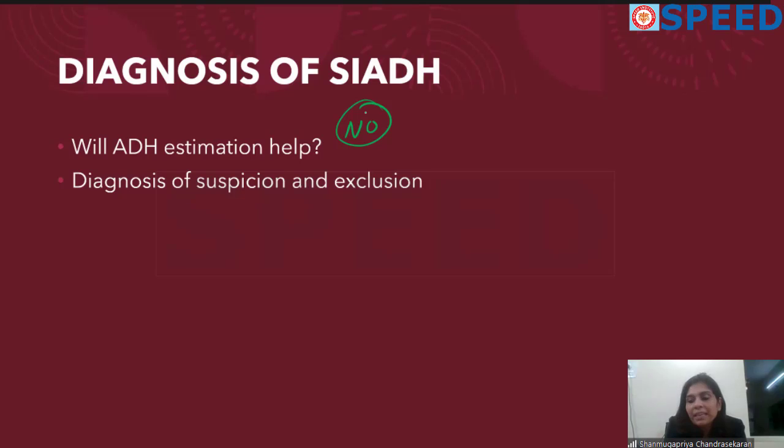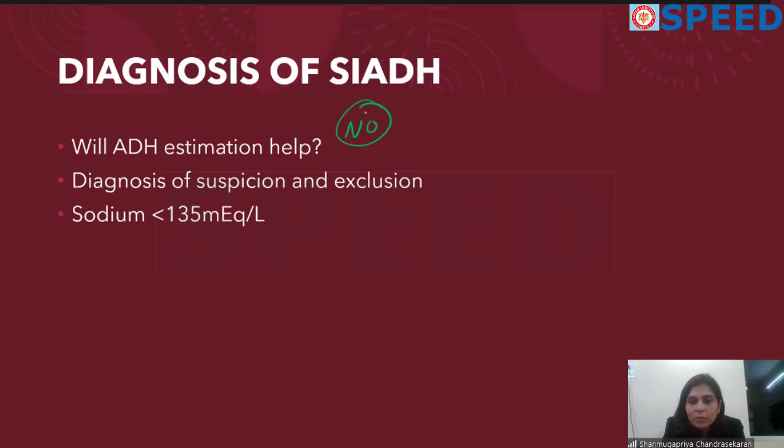So when will you suspect SIADH? Whenever serum sodium is less than 135 milliequivalents per liter, I'm going to suspect SIADH. What are the other conditions which will tell me it's probably SIADH? I will first estimate osmolality. Whenever I see hyponatremia, I look for osmolality to rule out pseudo-hyponatremia.